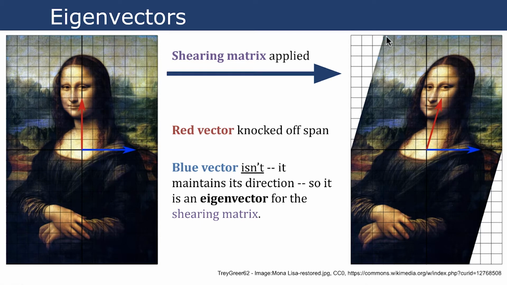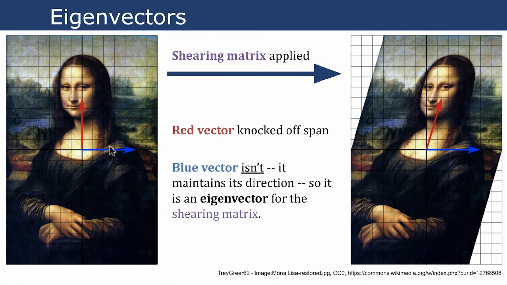So the pixels at the top have moved rightward, the pixels at the bottom have moved leftward, and the further we are from the center of the image, the further up or down we are, the more the pixels have moved. So that's what the shearing effect is.